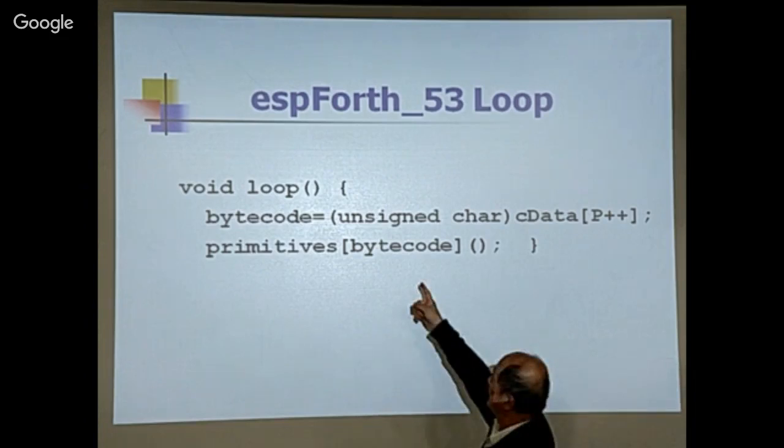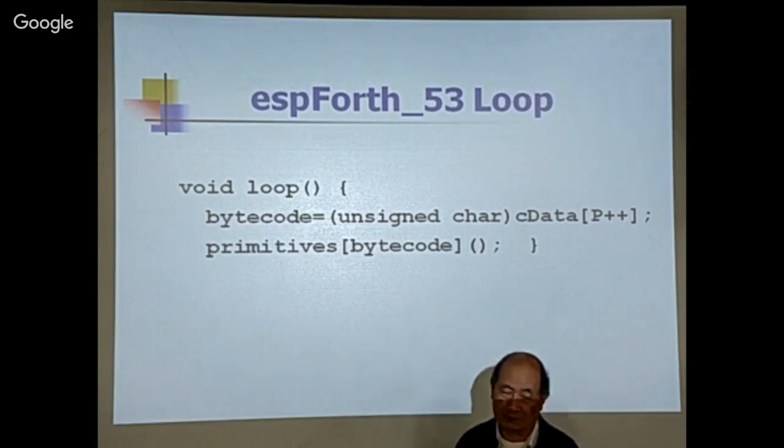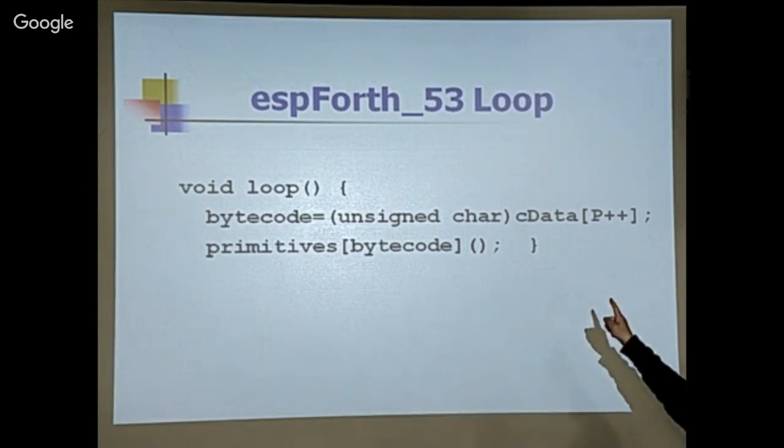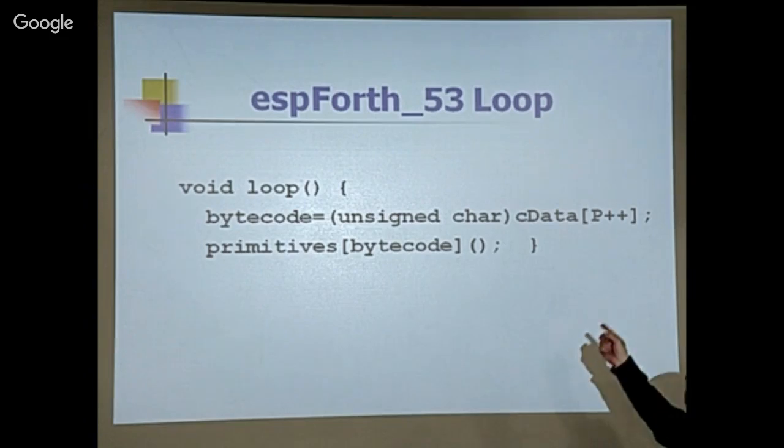Then it goes around and fetches the next byte, and the next byte. So this is the virtual Forth machine, and it's basically in an infinite loop. It just looks for bytecode and executes the bytecode.